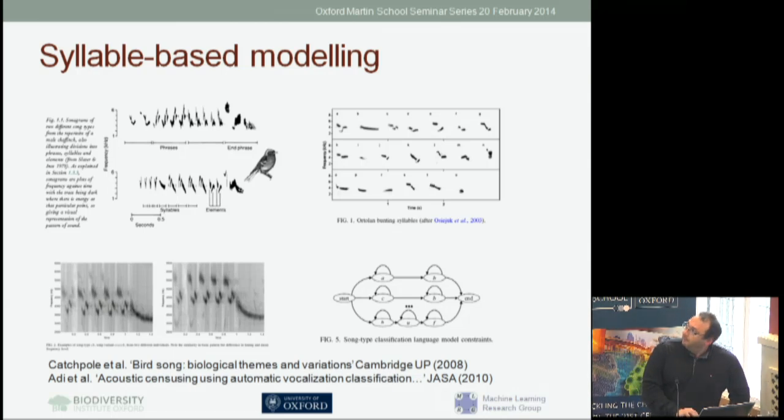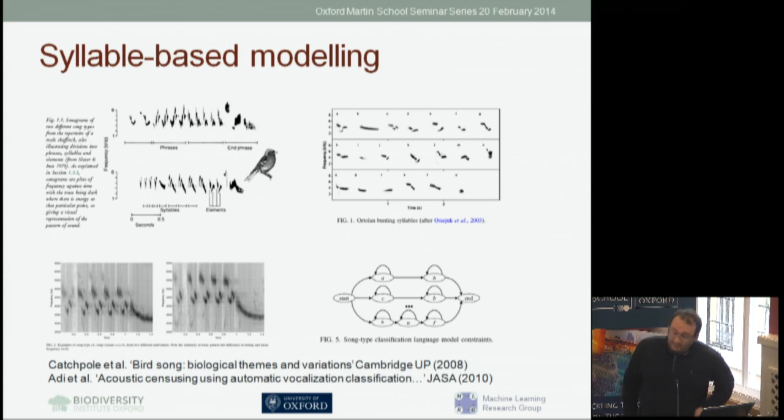So this is just a pictorial example of how some previous works have tried to make this type of classification of automatic birdsong recognition. For specific species, you have a repertoire, a grammar of syllables on the basis of which you can classify, but this is only for very few species, whereas our goal is to be able to do that for a much larger number.